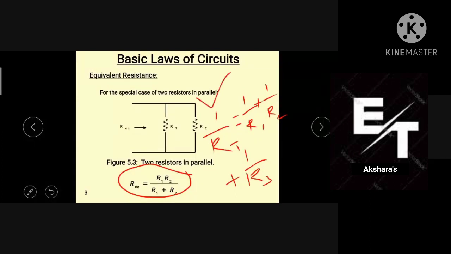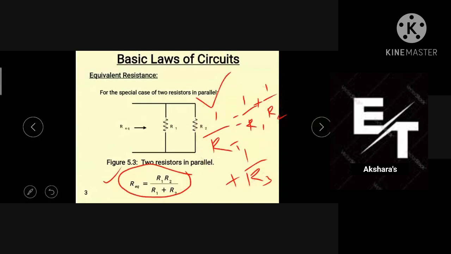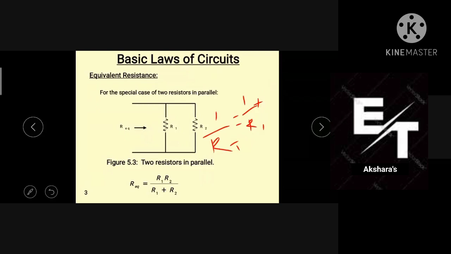For two resistors, you have to mention this formula, and the other formula is for any number of resistors, more than two. Here I am just explaining the formulas for series combination and parallel combination. These are the two important formulas.